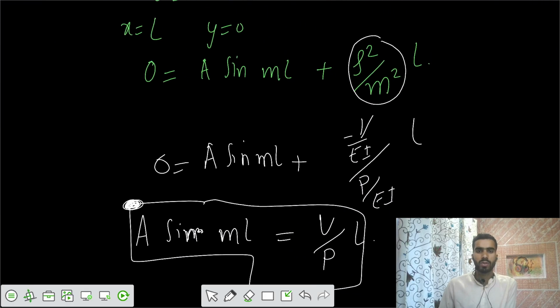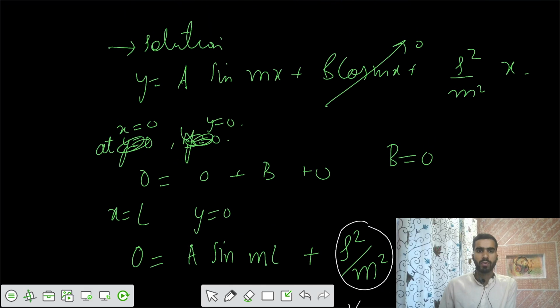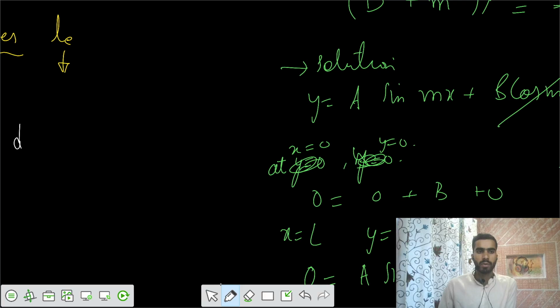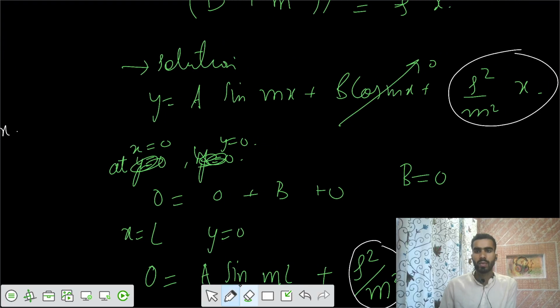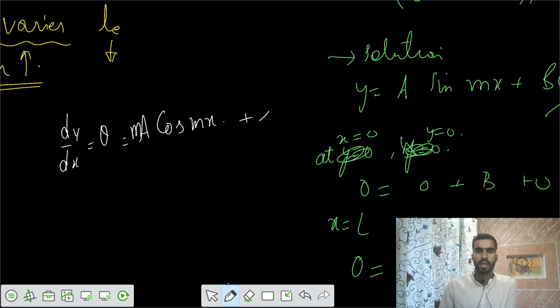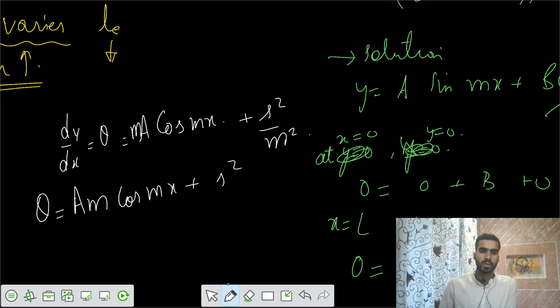If I use that equation also, once we have the equation of y, then dy/dx is theta. Differentiation of the sine function is the cosine function, so we get A m cos mx, and differentiation of the last term gives s²/m². So theta equals A m cos mx plus s²/m².